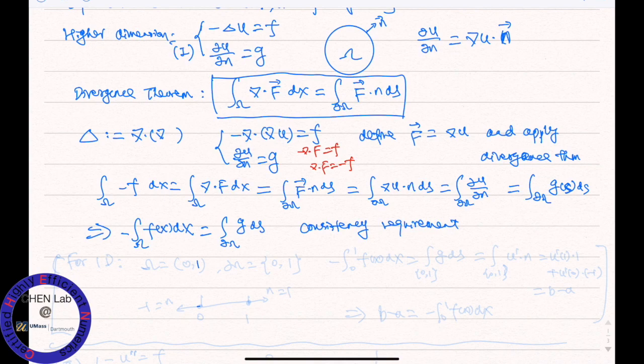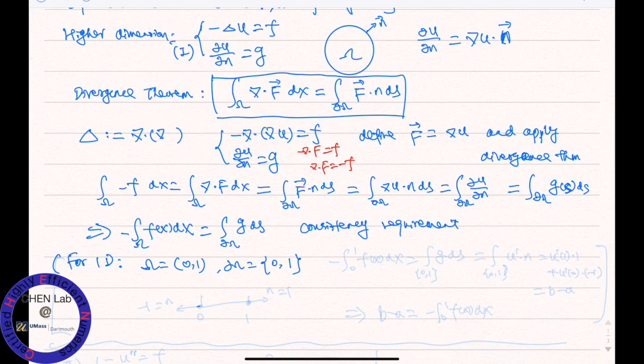This is basically the same as for 1D. Let's derive this and show it's basically the same for 1D. So in 1D, omega is (0, 1), and the boundary of omega is a set of 2 points, 0 and 1.